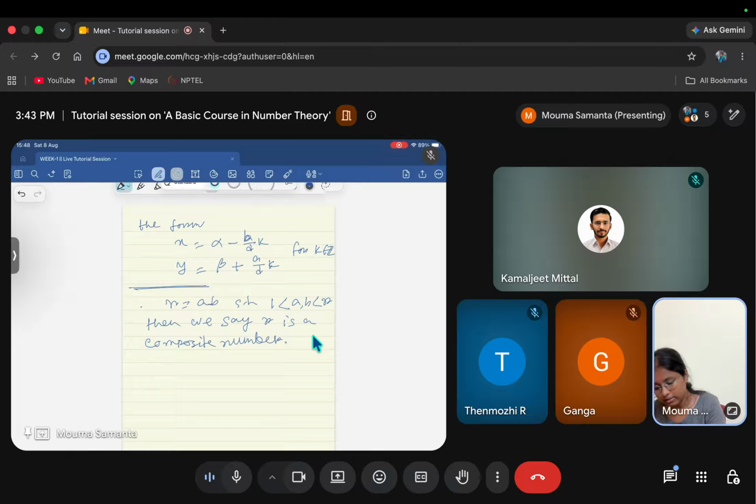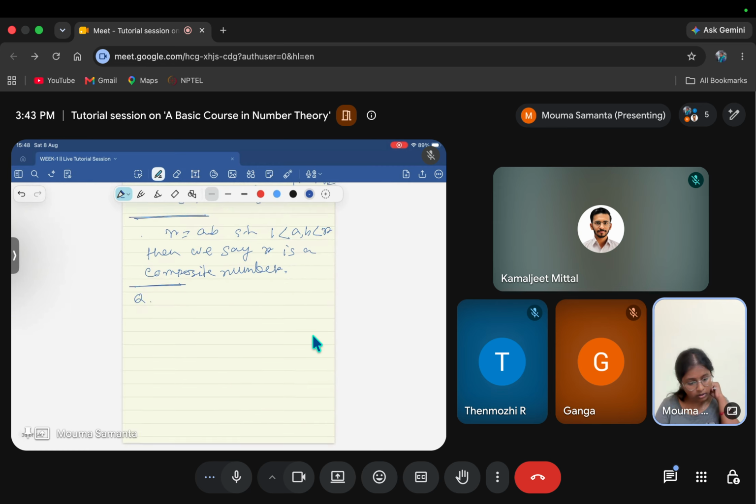Now let's solve one question. The question is, if p is a prime greater than or equal to 5, then show that p square plus 2 is a composite number.